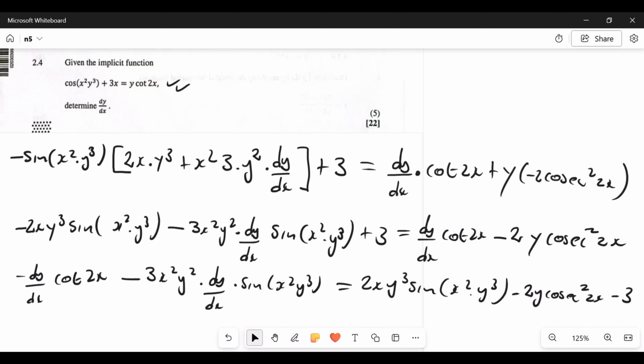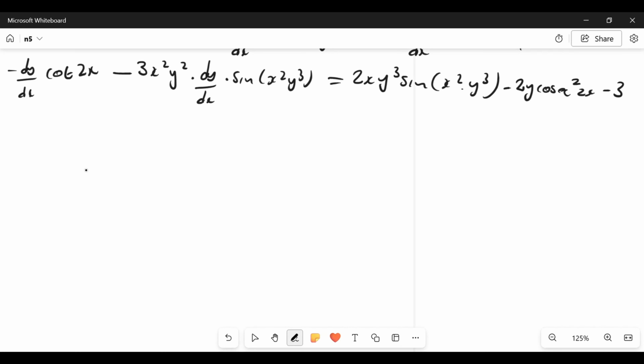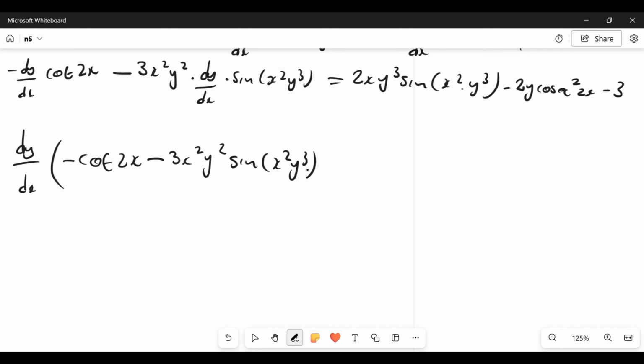There we go. Now let's make dy over dx the subject of the formula. Let me create space here so that you can finish this question. On the left hand side, if you take out the common factor, which is dy over dx, we'll be left with the following: negative cot 2x minus 3x squared y squared sine x squared y cubed. There we go, and then we close the bracket there.